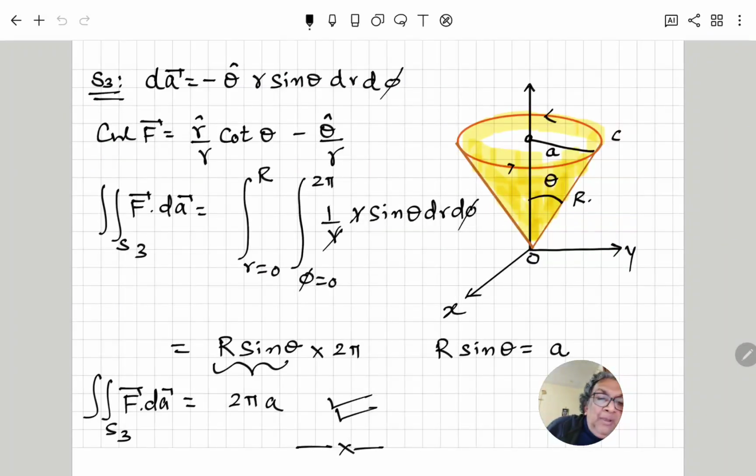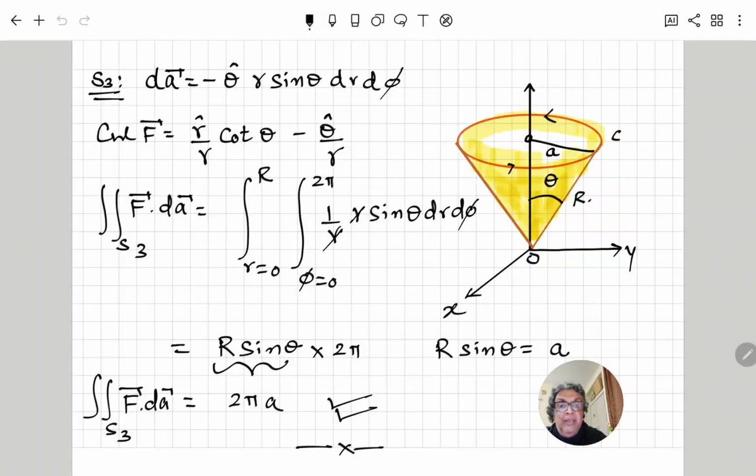Now the last capping surface that we consider for the same loop C is this type of conical surface, where it's a part of a sphere of radius capital R, and this is my capping surface, the loop C, and the interior of this cone is my capping surface in this case.